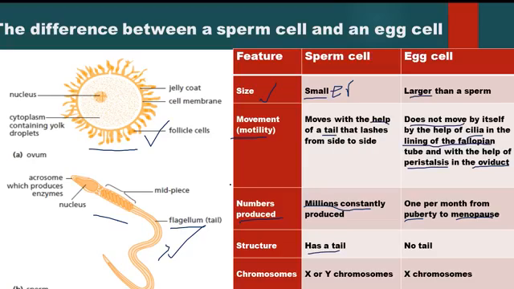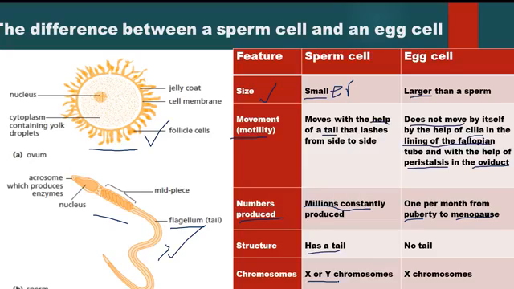Then the chromosome, here again I want us to be very, very clear. I want you to remember, and many students make this mistake, and I don't want you to make the mistake. A sperm cell contains either X or Y chromosomes. Why do we say X or Y? Remember, we have just said that the gametes are haploid.